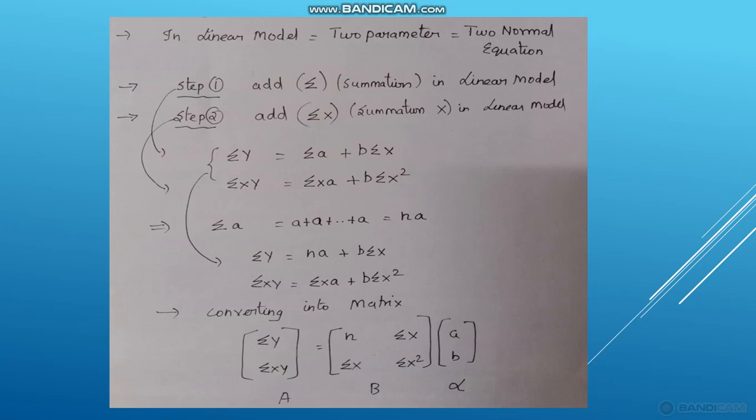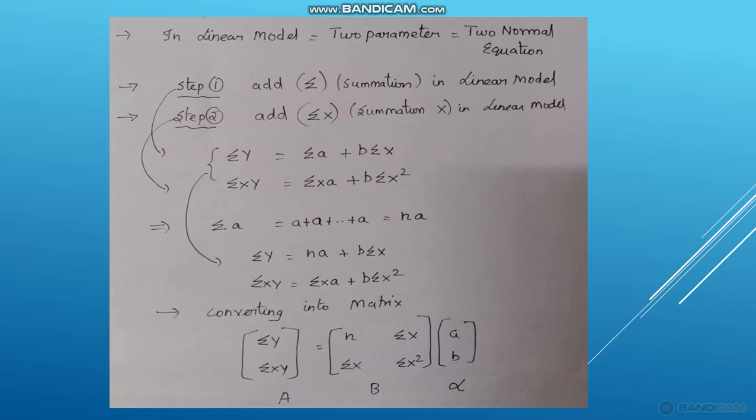So this is the first normal equation. To find the first normal equation you add summation in the linear model. The model is y is equal to a plus bx, so in the model we add the summation: summation of y is equal to summation of a plus b into summation of x.